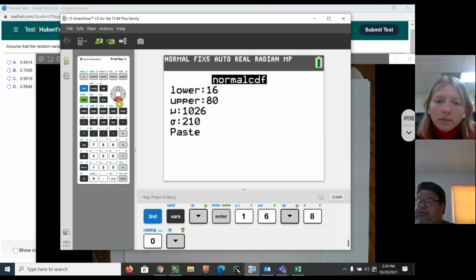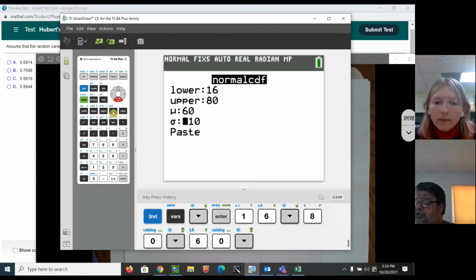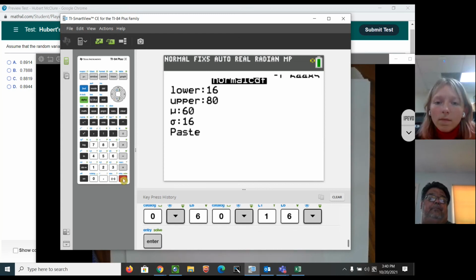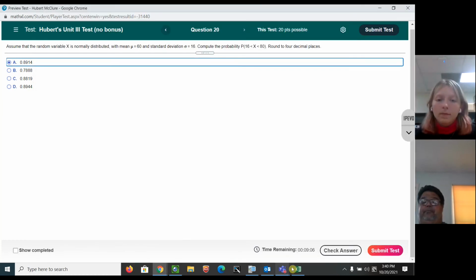And the mean is 60. And the standard deviation is, I forgot, 16. And let's see what we got. 0.8914. That's A.